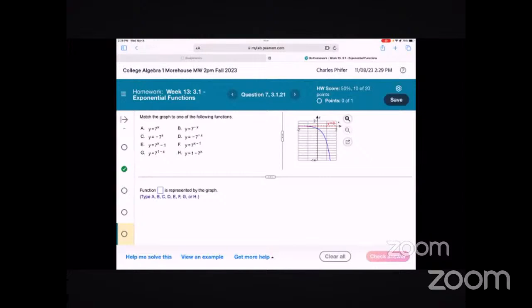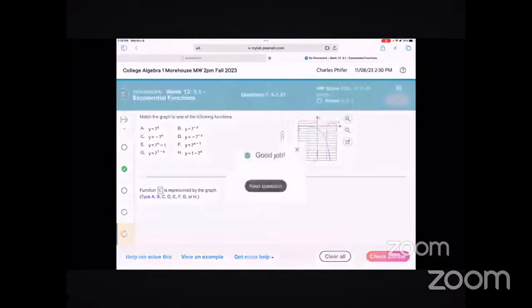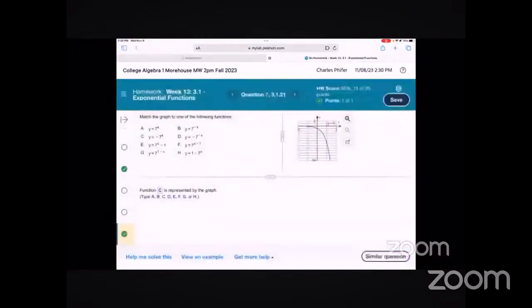So if we flip it vertically, vertical manipulations are outside manipulations. So it looks like we multiplied the outside by a negative, right? So it should be a negative 7 to the power of x. Looks like it's C. I'm going to go with C. If you're not sure, you can choose several values of x, find the corresponding y, and plug them into whichever one you think is correct and make sure that it all matches up.